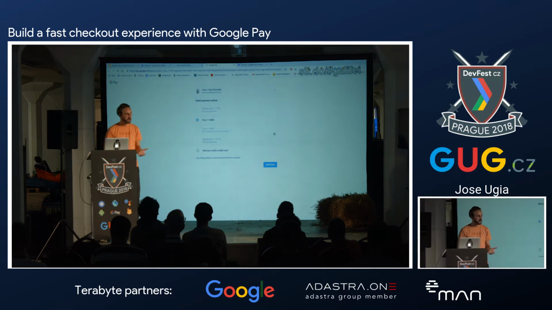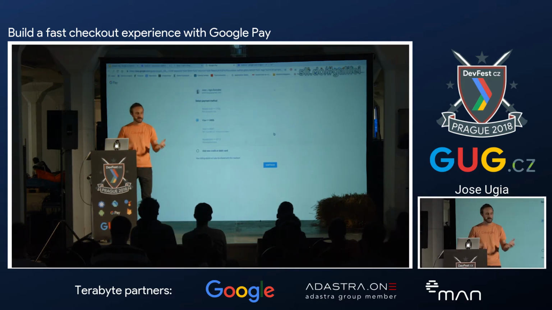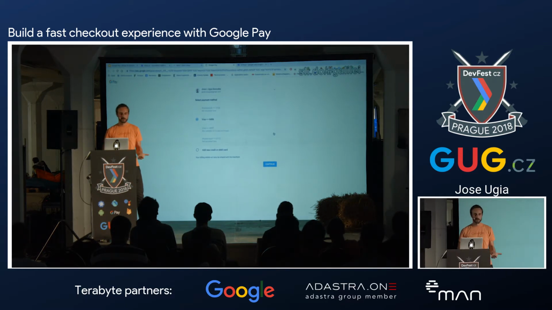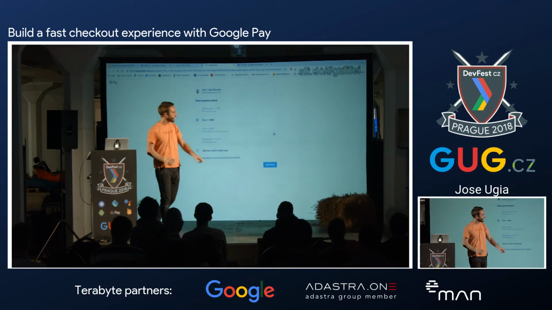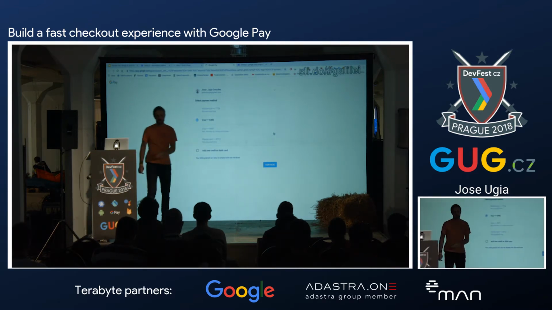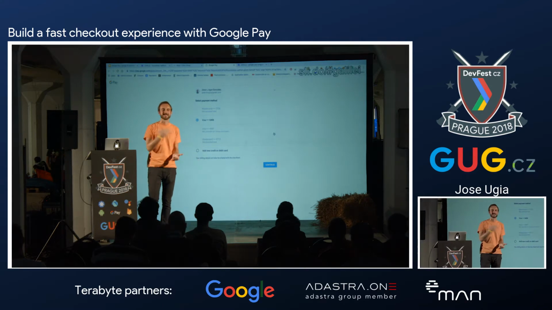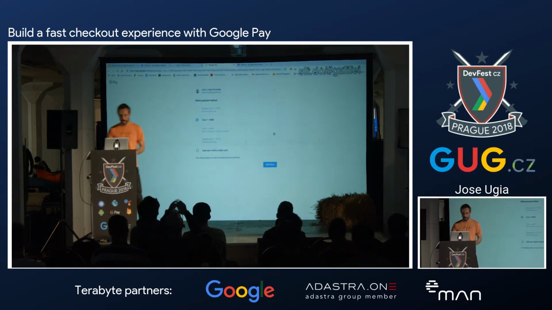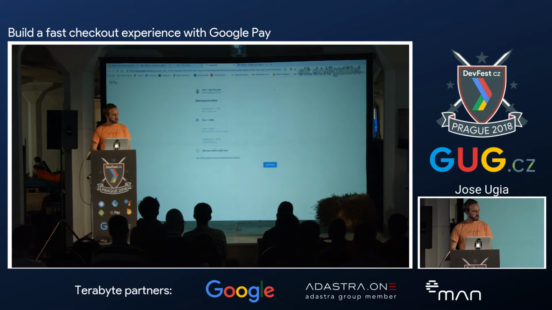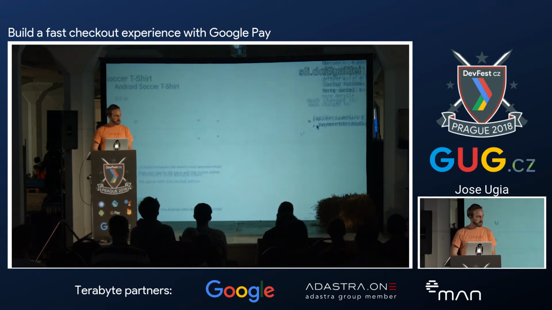So I can see them all. And I'm also requesting a billing address, which you can see being requested in here too. You can see in this little letter saying your billing details will also be shared with the merchant. That means that I have already one billing address associated to that card, and that's going to be sent too. So I'm going to say this is fine for me. I'm going to pay. You see it's a couple of taps, and I get the response right in there.